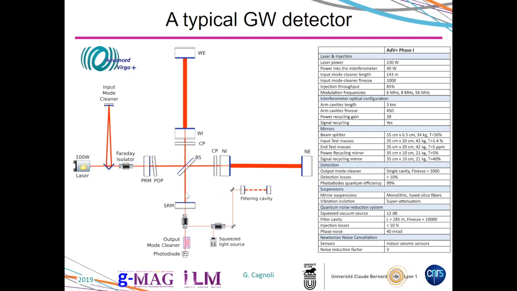So the first question that somebody could have is, well, how is it possible to calculate the thermal noise of such a complicated device like a gravitational wave detector?